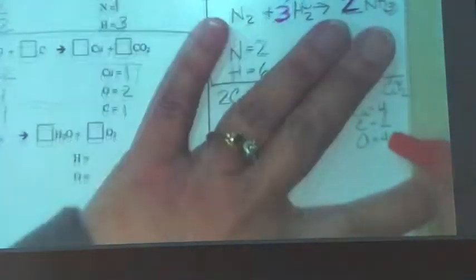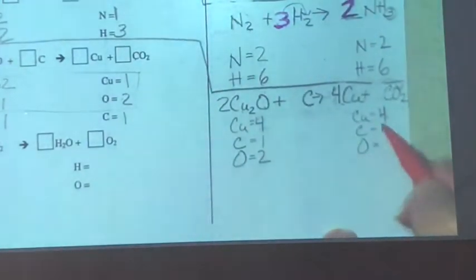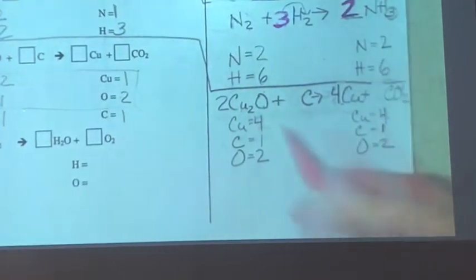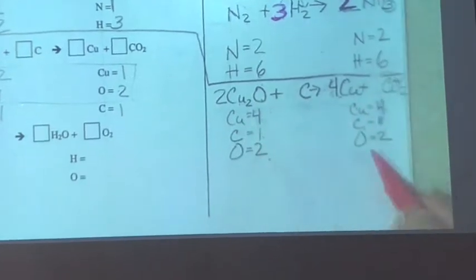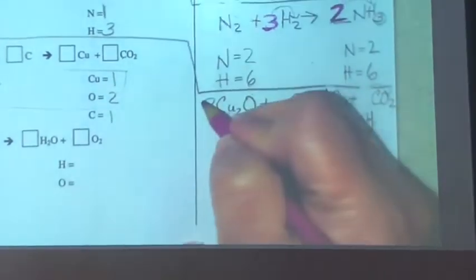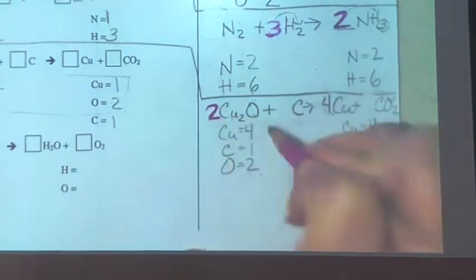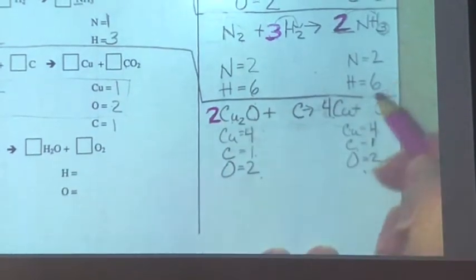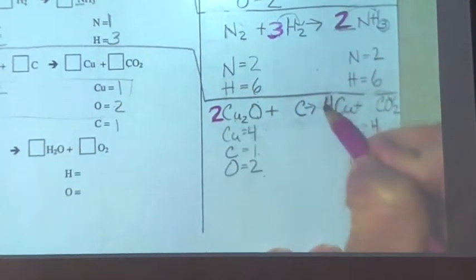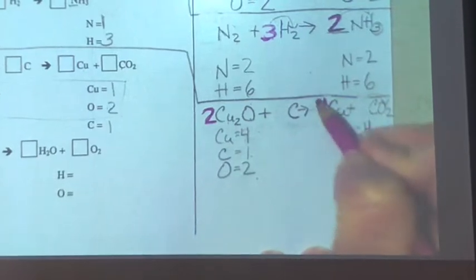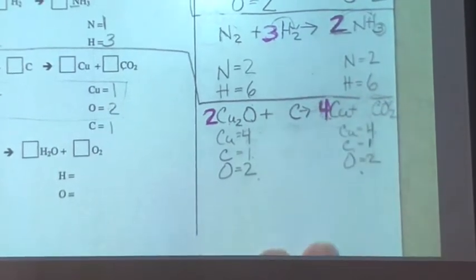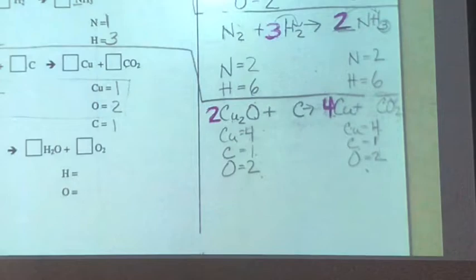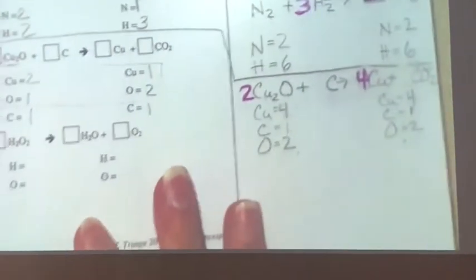If I erase this completely, then I've got 1 carbon, I've got 2 oxygens. Look, 4, 4, 1, 1, 2, 2. I am now balanced. When I put a 2 in front of Cu2O, nothing in front of the carbon, and a 4 in front of Cu on this side, nothing in front of CO2. I am now balanced.